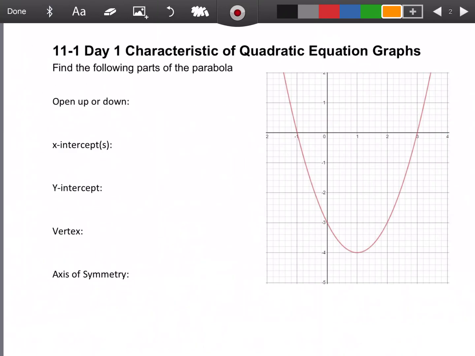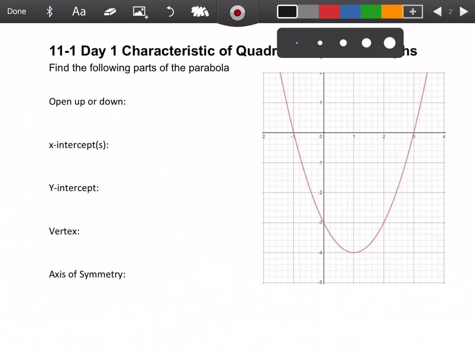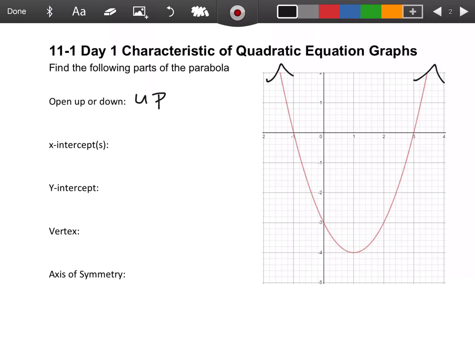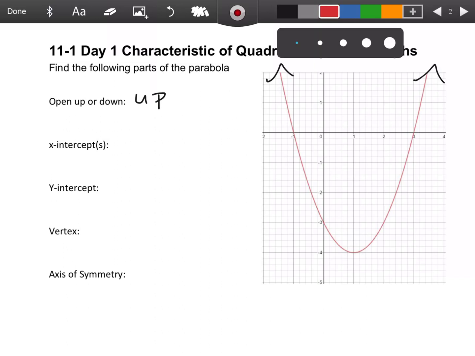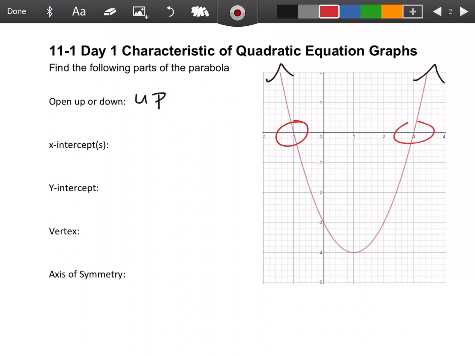So this first example, does it open up or down? Hopefully you can just see that it opens up. It's pointing up like this. Our x-intercepts would be here and here. So that would mean that it would be -1, 0 and 3, 0.